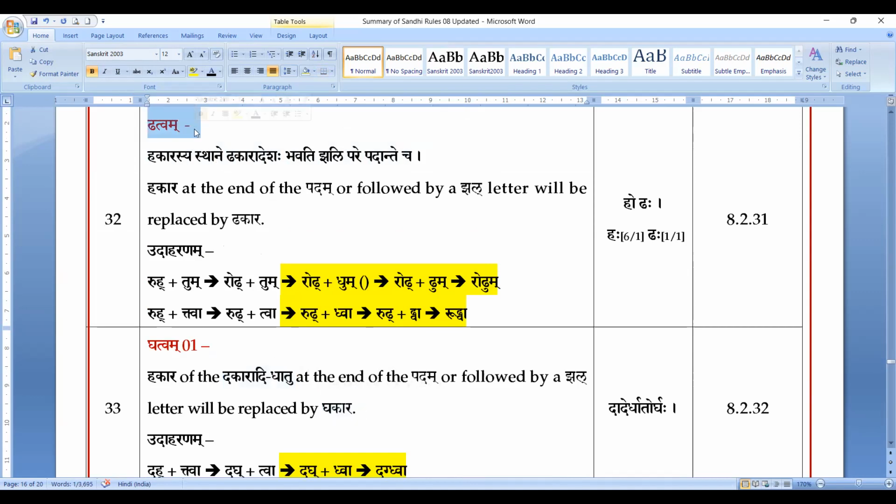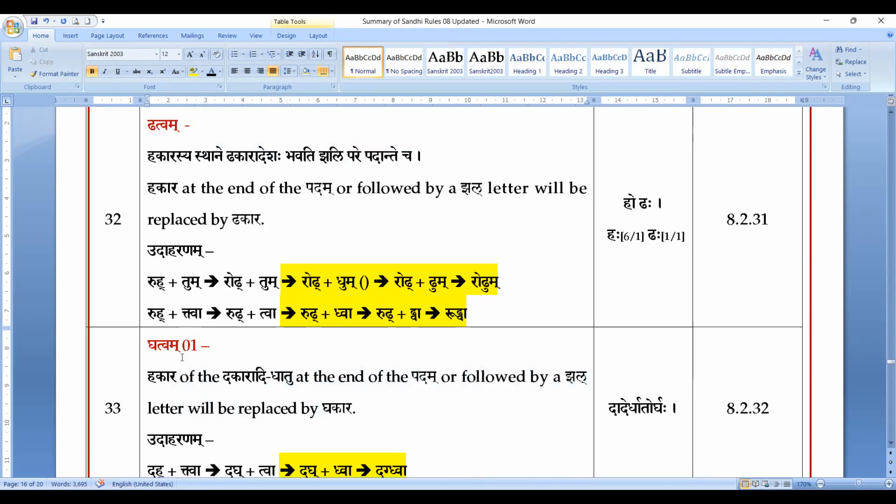Gatvam is an exception to Datvam. Gatvam number 1, that is, Hakara of the Dakara-Adi Dhatu replaced by Gakara, is an exception to Datvam. Understand? This Gatvam negates Datvam.